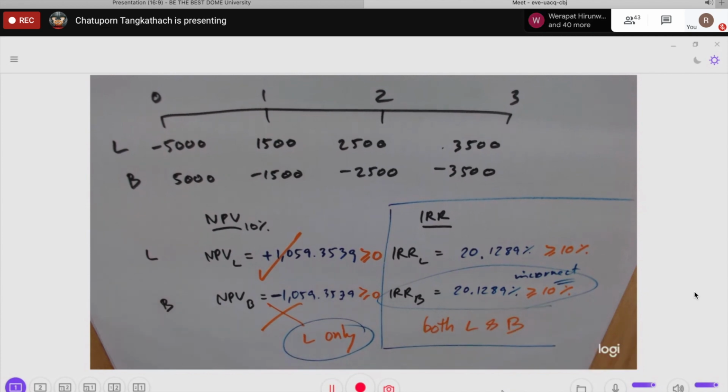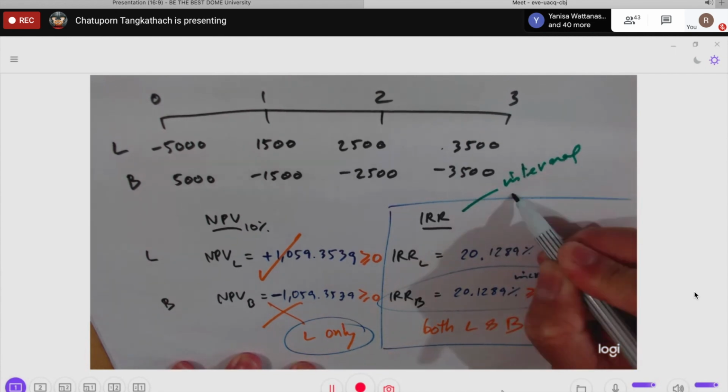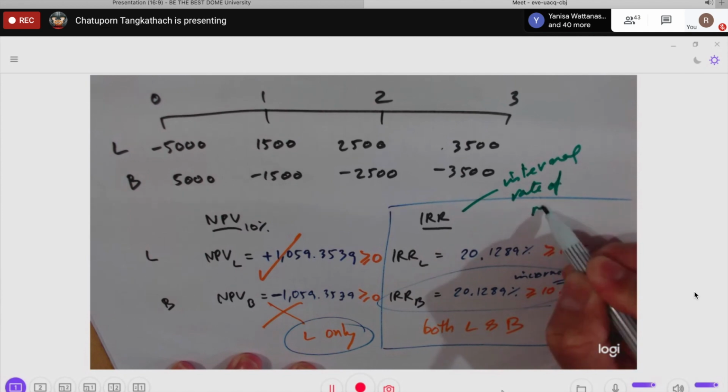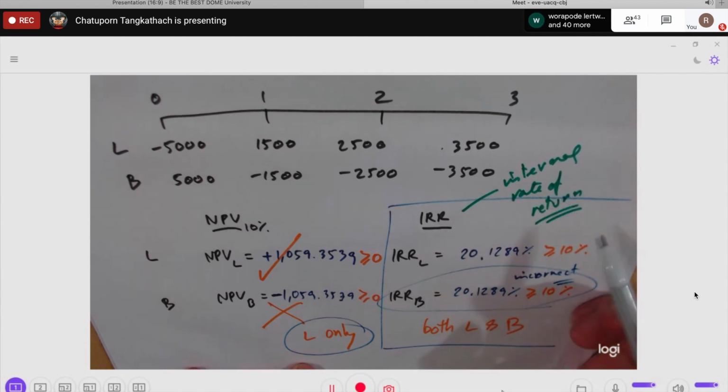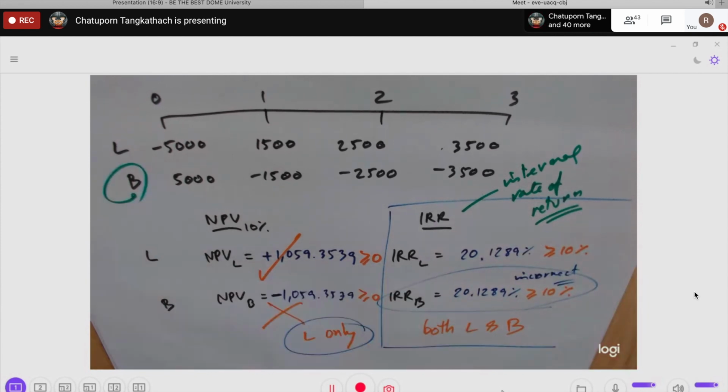The reason why project B is incorrectly accepted by the IRR criterion is this. Remember IRR, what is it? IRR is internal rate of return. It is the return inside this project B, right?